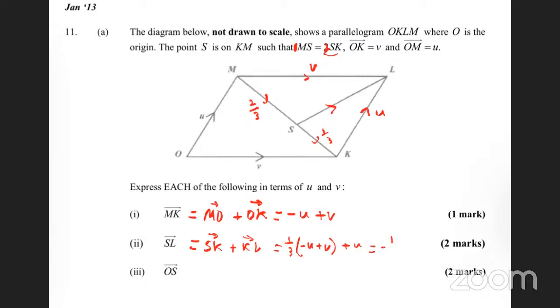That'll be minus 1/3 U plus 1/3 V plus U. Do your little maths, bring the U's together, and you will get 2/3 U plus 1/3 V. Right? That's the answer for SL.